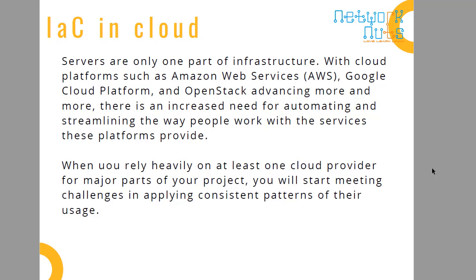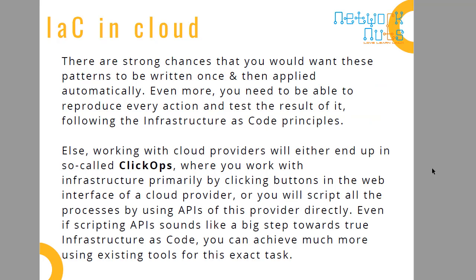But then we also need to automate things, right? And sometimes we rely on one particular cloud provider. Suppose I'm a company, so my major projects are running on Amazon Web Services. Your company might be trusting Microsoft Azure. That is how things work. We have no issues in that.